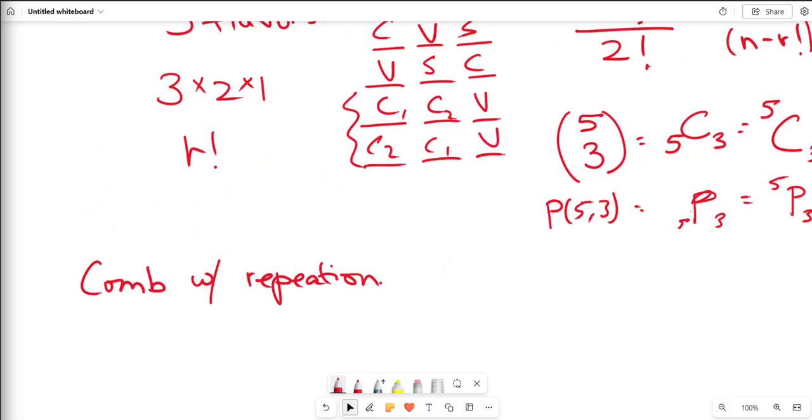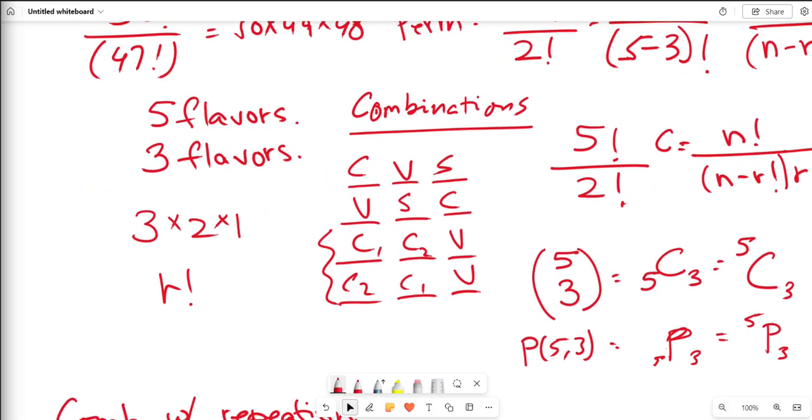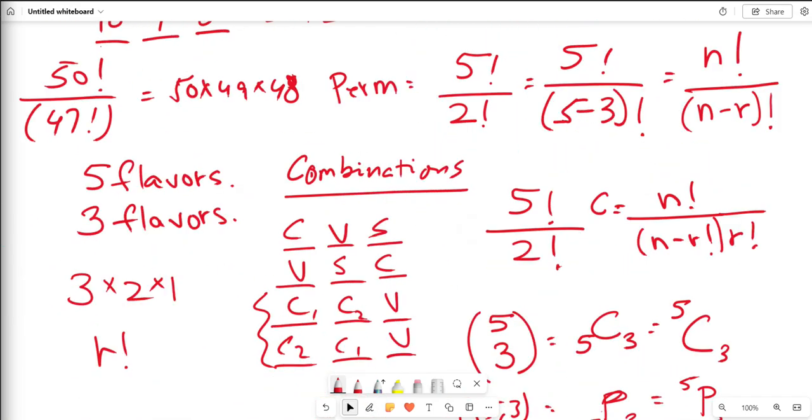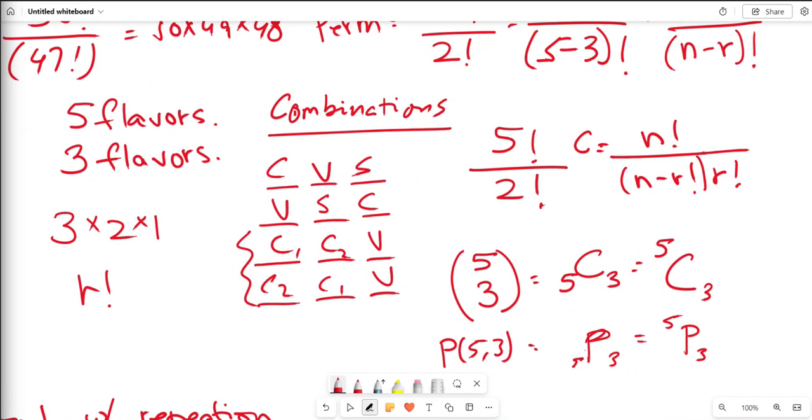So remember this one. Okay, sorry, I should not have written C1, C2 because we didn't allow repetition, but this would basically be a different flavor, let's say, I don't know, cranberry. So we'll say chocolate is C1, C2 is cranberry or something.